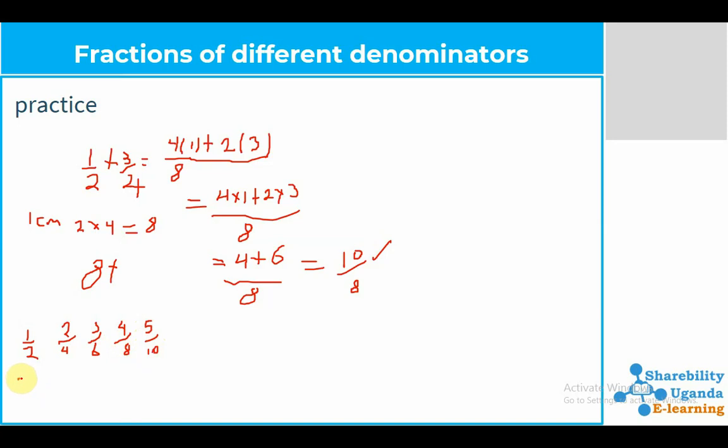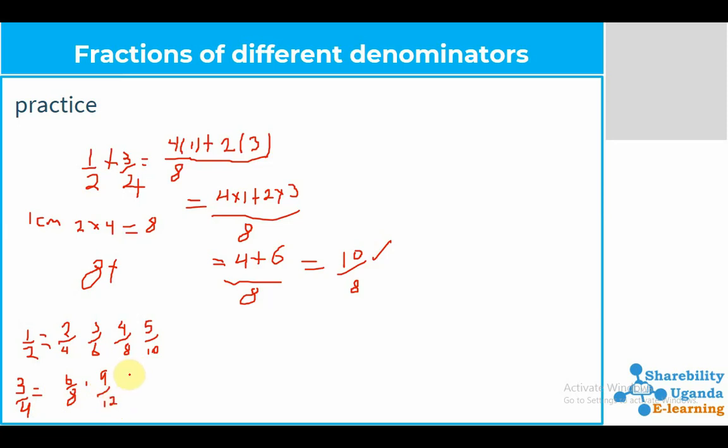Then also another, we have 3 out of 4, which is going to be equal to 6 out of 8. Another equivalent fraction, we are going to get 9 out of 12.